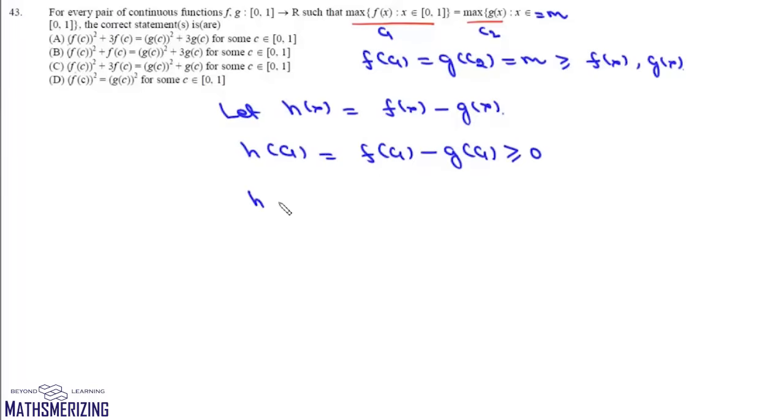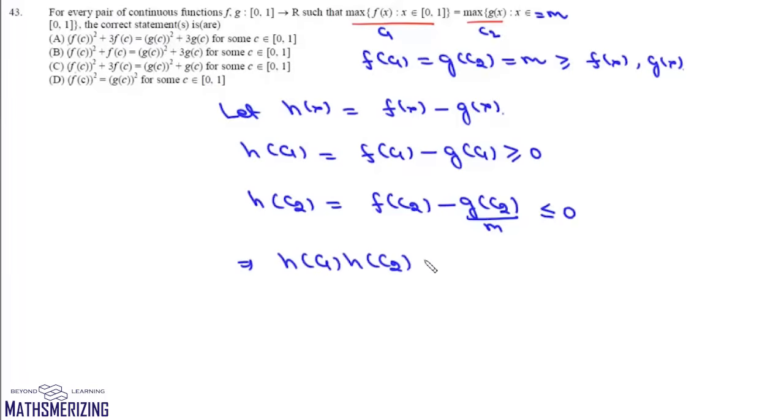And if we find h(c2), it will be f(c2) minus g(c2), and now g(c2) is the maximum value, so this is always less than or equal to 0. So from here we can say h(c1) into h(c2) is less than or equal to 0.